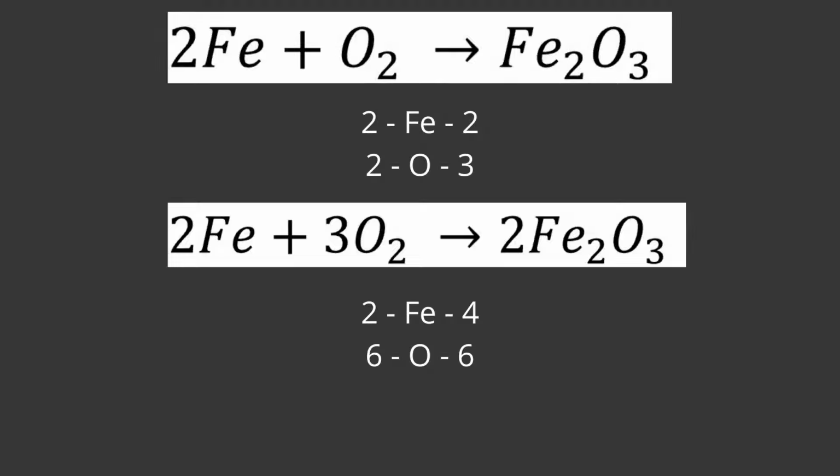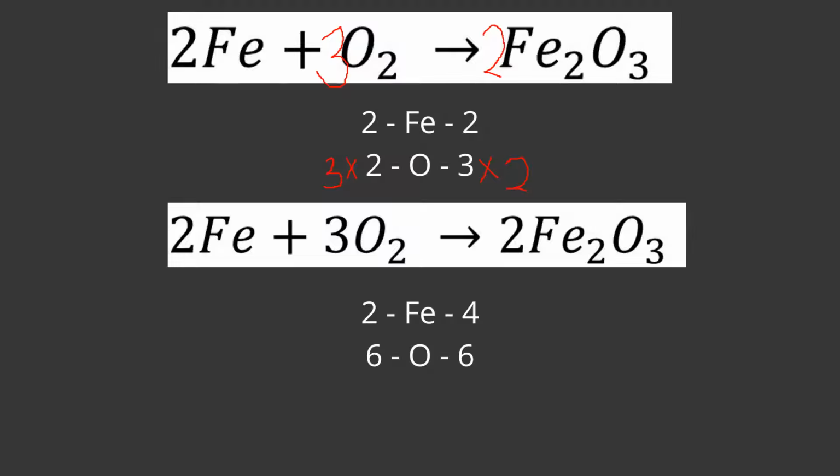One way to balance this would be to put a coefficient of 3 here, and a coefficient of 2 on this side. So 3 times 2 is 6, and 2 times 3 is 6, right?